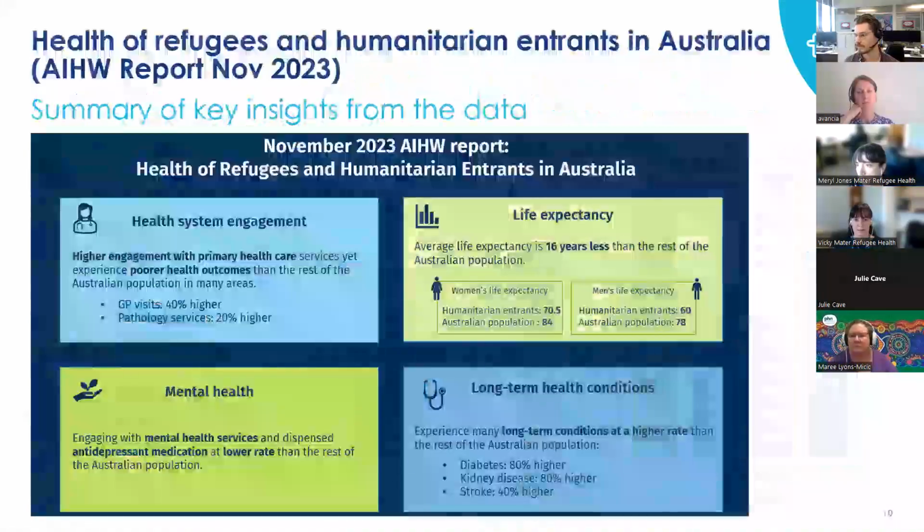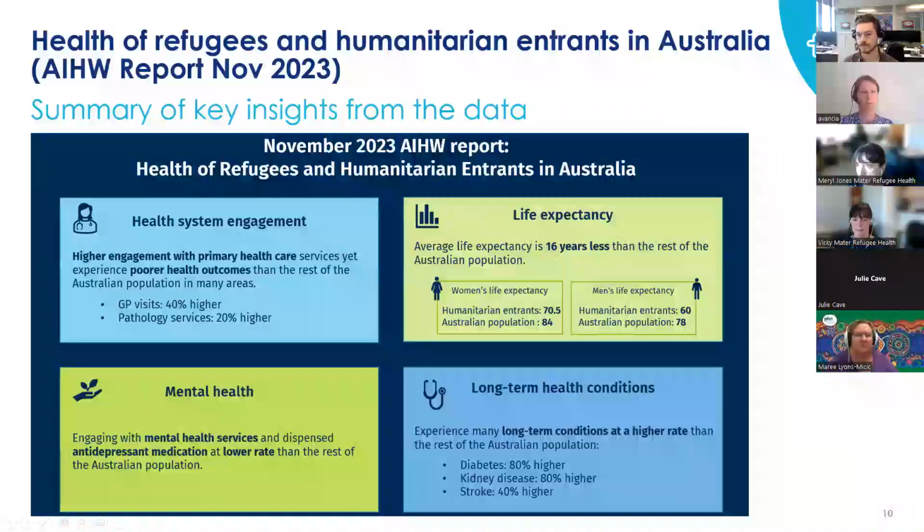I've done a very brief summary of some of the key information that came out of this, which is that there is a higher engagement in primary care services by this population group. It's not that they aren't accessing care; they actually have 40% higher GP attendance, and they are having extra pathology done as well.